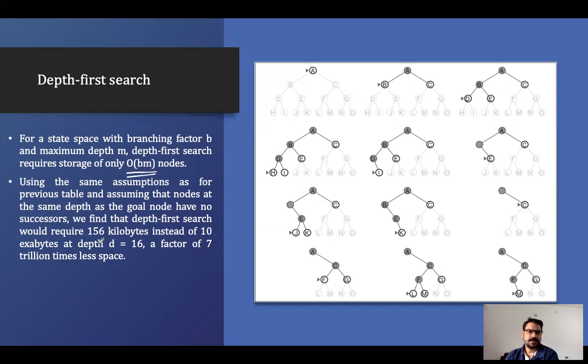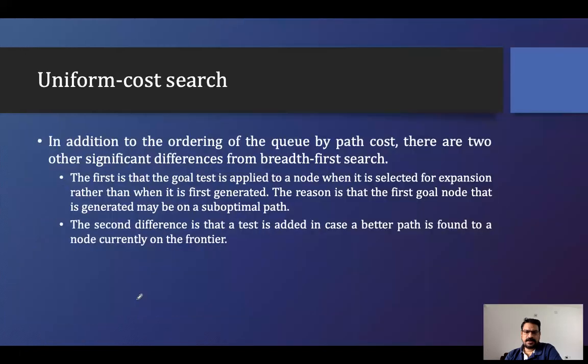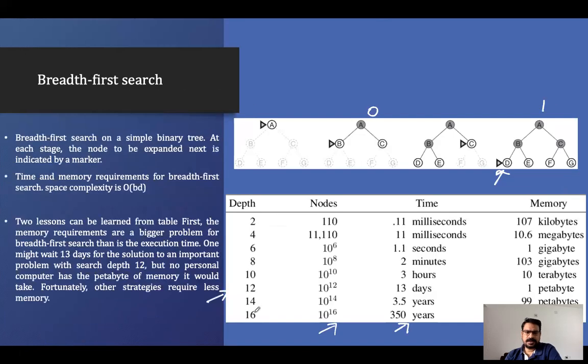So as you can see, with depth 16, how much memory is required in depth first search? 156 kilobytes at depth 16. Now, if you compare it with here, at depth 16, how much time is it taking? 350 years.